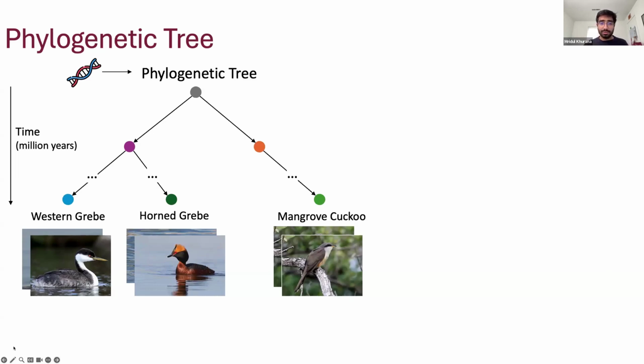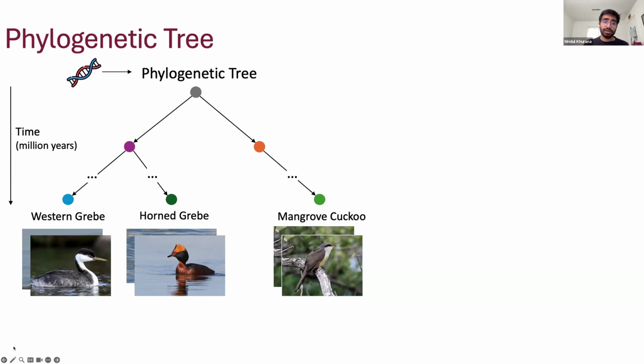And one important factor to know is basically species that share common ancestors in the tree are known to be evolutionarily similar. For example, the two species of the grebes, like the western grebe and the horned grebe, are more similar than the cuckoo.